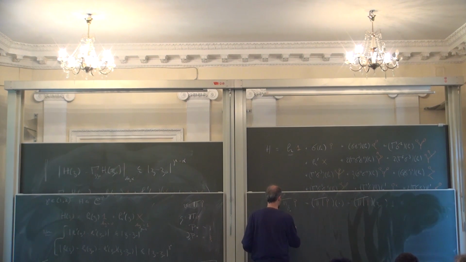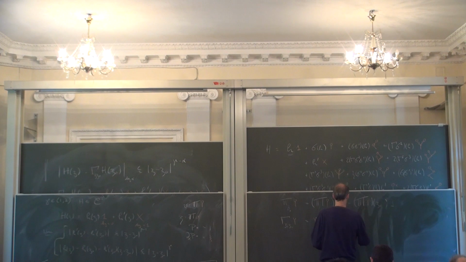So gamma z1, z0 of this would just be equal to the thing itself, plus the correct increment. And so here it would probably be this guy at z1 minus this guy at z0, times the constant function 1.